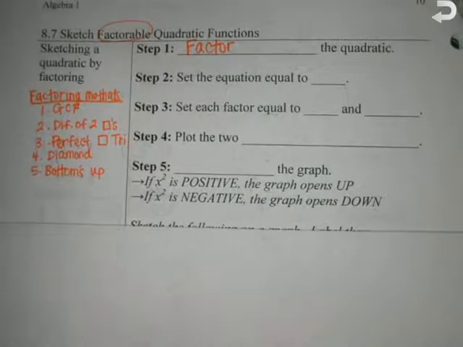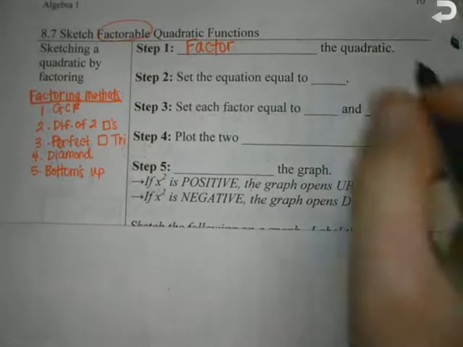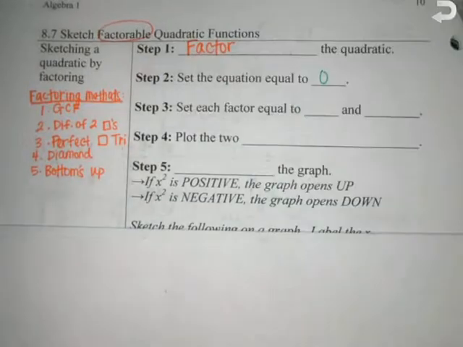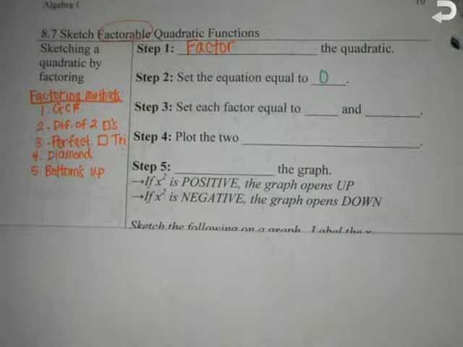Okay, so when I'm solving these things, after I factor, I need to set the whole thing equal to what? Good, 0. So you set the entire equation equal to 0. That's step 2. Step 3, we take each factor, everything that's in a parentheses, and sometimes if we use GCF it's not.